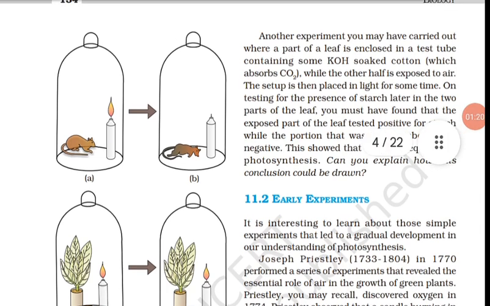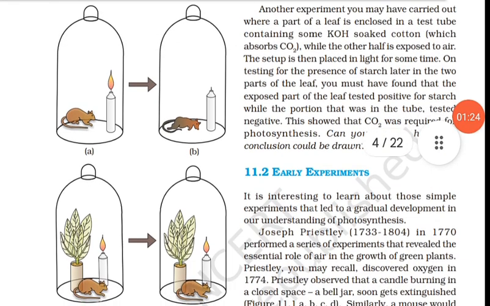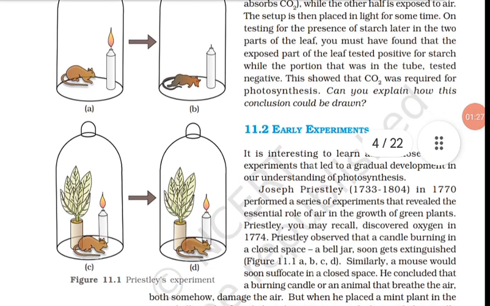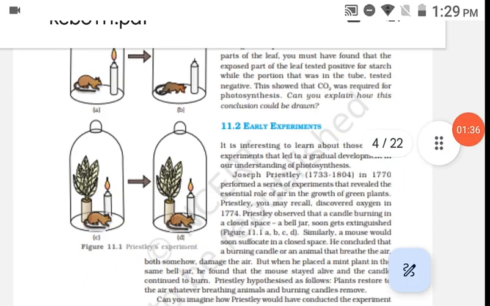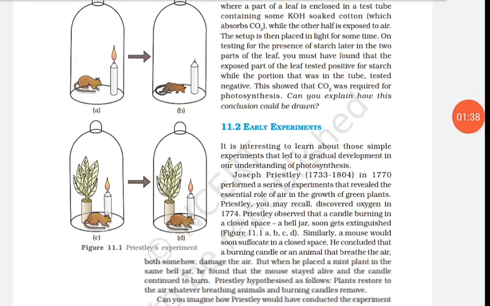You may have carried out the experiment to look for starch formation in two leaves, a variegated leaf or a leaf that was partially covered with black paper, and exposed to light. On testing these leaves for the presence of starch, it was clear that photosynthesis occurred only in the green parts of the leaves in the presence of light.